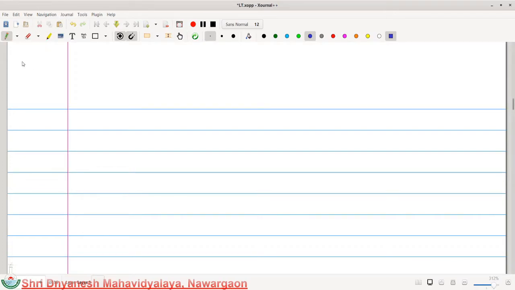So proof, we start from the definition of Laplace transform, or first we write f of t.